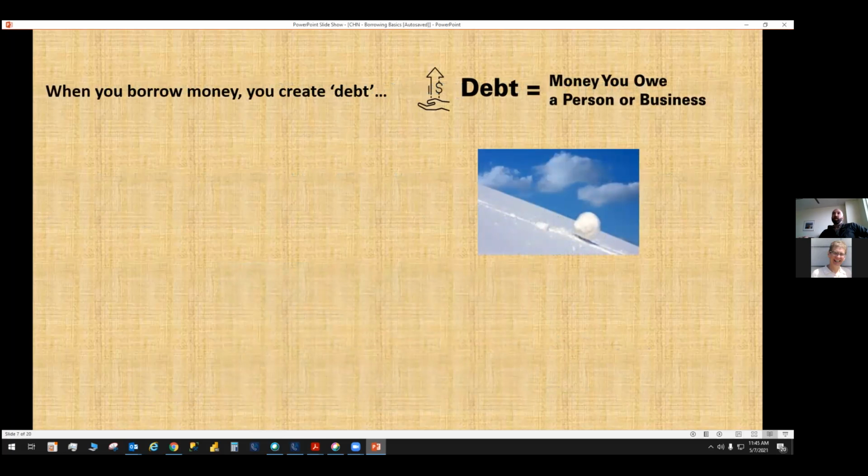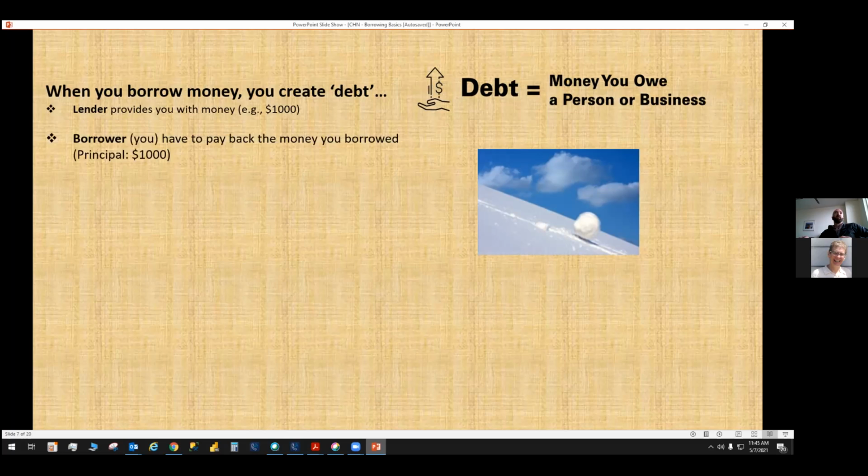So when you borrow money, you create debt. Debt is money that you owe a person or a business. Let's say in this very high level scenario, a lender provides you with $1,000, and you as the borrower have to pay back that principal balance of $1,000, plus you pay back, like I just mentioned, the interest, the negative compound interest that accumulates on that principal balance.